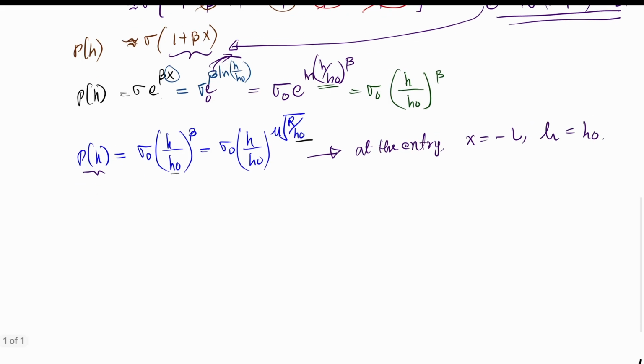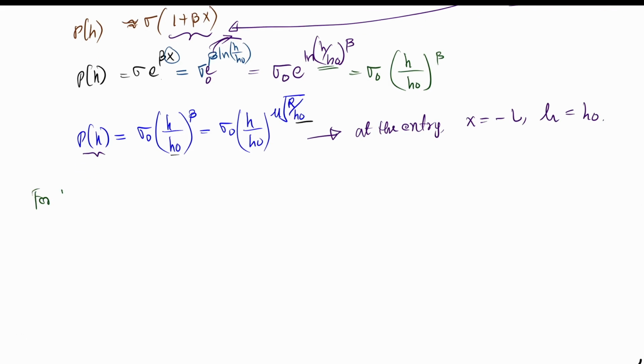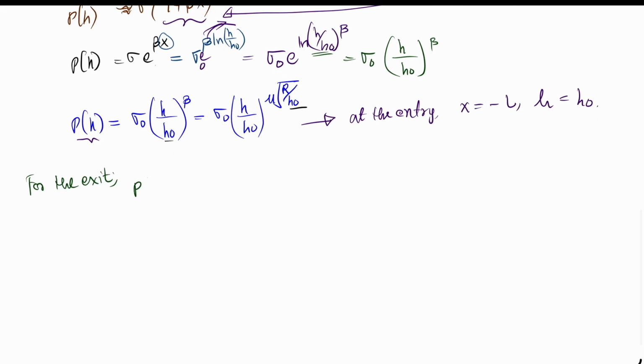For the exit it is similar. For the exit, you just have P h exit equals sigma, h upon h1, then you can write this power, which is mu r over again h1.